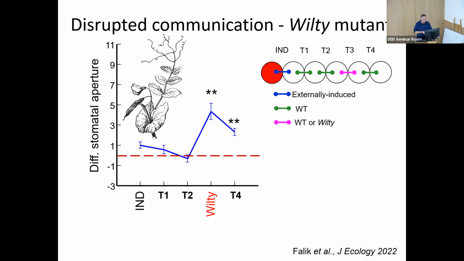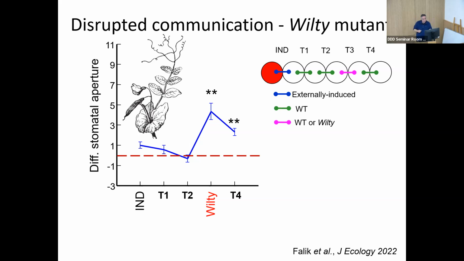And you see that the induced plant, the two immediate neighbors up to the mutant, this is a wilty mutant which produces only 10% of ABA as normal, as the wild type, were communicated well, closing their stomata if the induced plant is being stressed. But hitting the mutant, there was very little response and the stomata kept open.